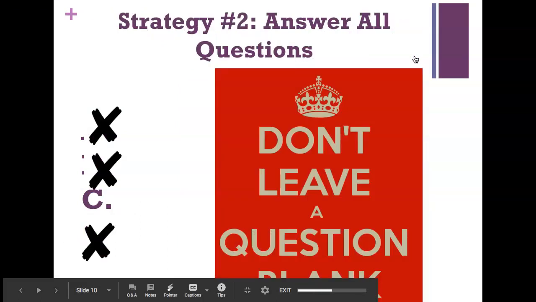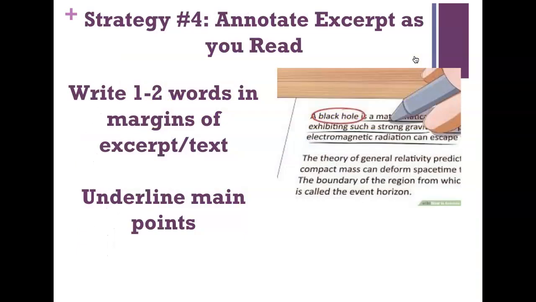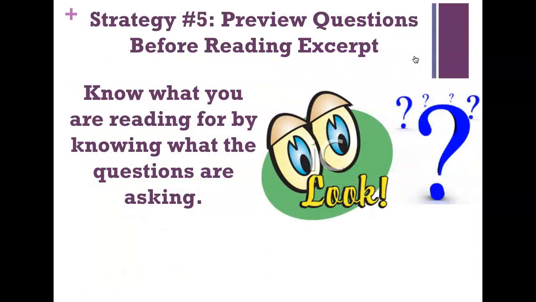Okay, so we are returning. We've gone through 4 strategies up until annotation, and now we're going to get into another layer of strategies for multiple choice. And this is previewing the questions before reading the excerpt. I want to point out here that excerpt is another word for passage.